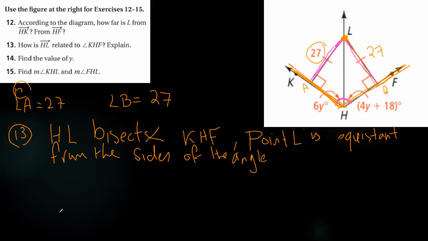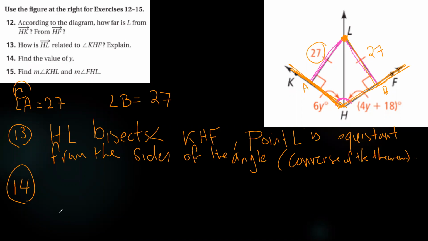Now, number 14. Find the value of y. And in number 13, since LH is equidistant from the sides of the angle and perpendicular on them, I will say that it is an angle bisector from the converse of the theorem. Now, number 14.